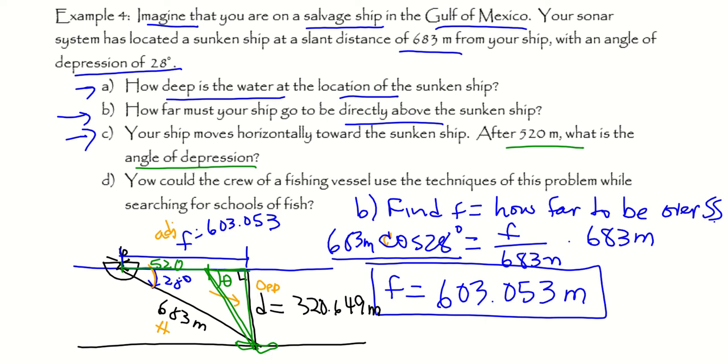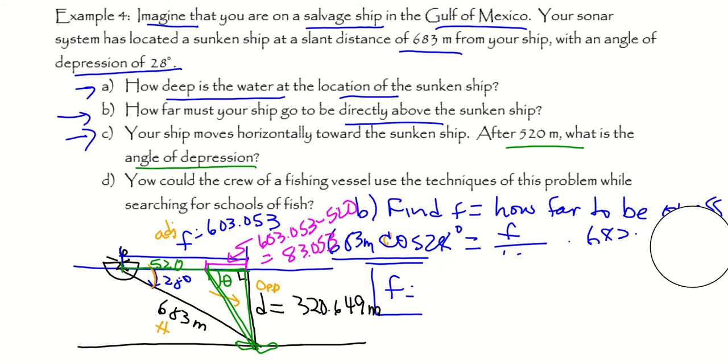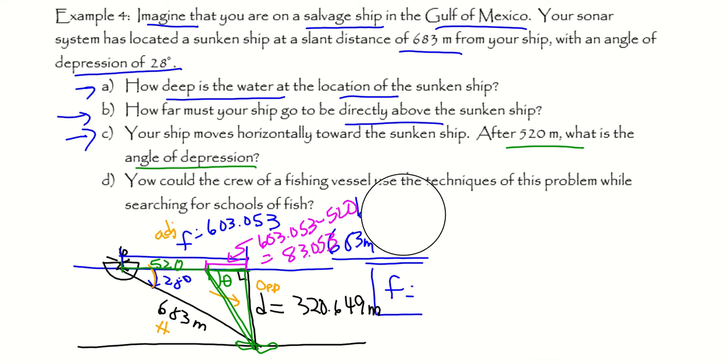We know that this side, this piece from here to here, we can find by subtracting our 520 from 603.053, which if we do, we get 83.053. So I'm going to create some space here.